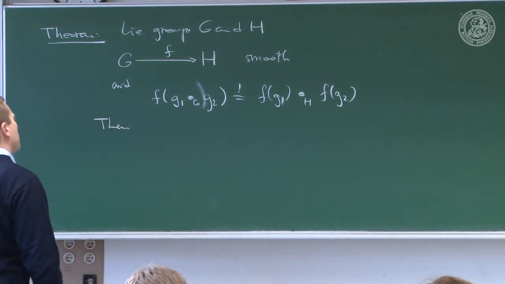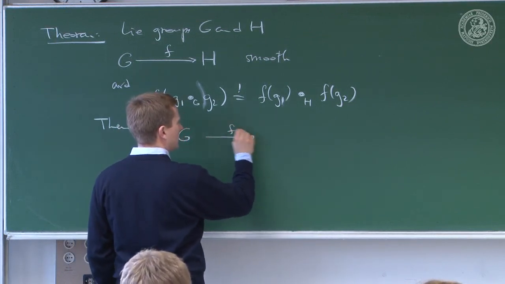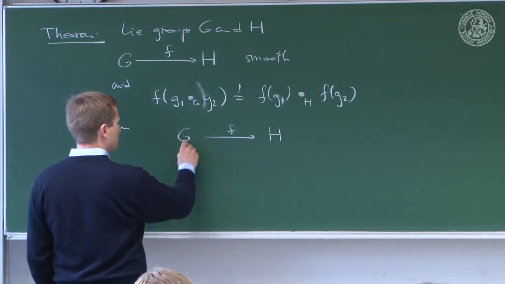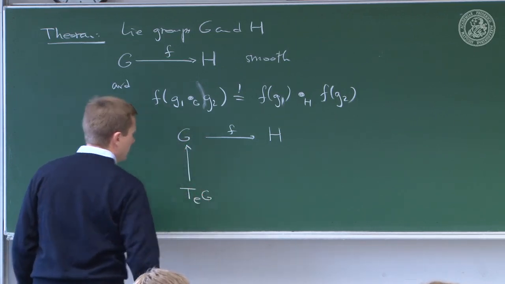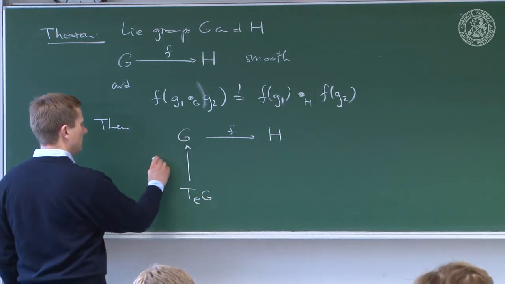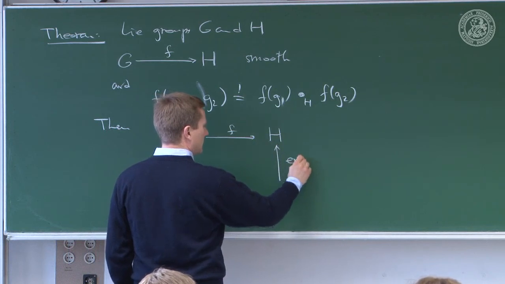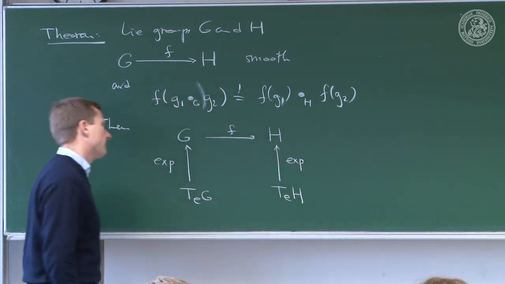Then the following diagram, G goes here, F. You can actually go up here from the Lie algebra by an exp. You can go up here by an exp, TEH.